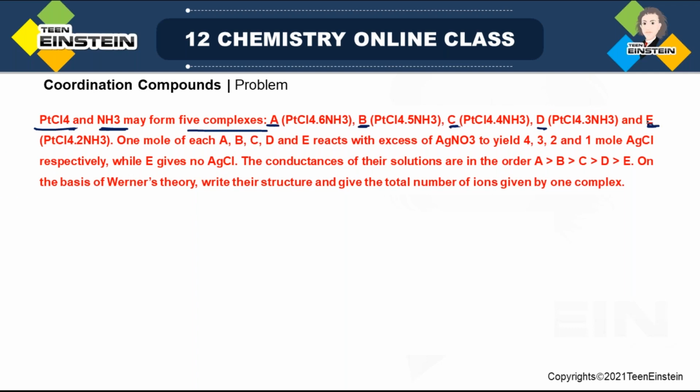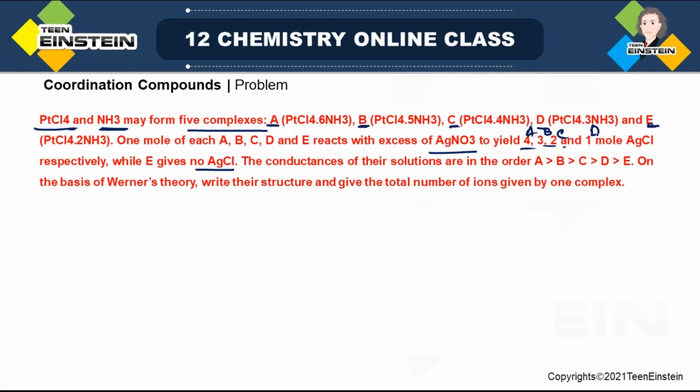Total 5. Now 1 mole of each of these 5 you have taken, and you are adding excess of AgNO3. You are getting 4, 3, 2 and 1 mole of AgCl respectively, while E gives no AgCl. That means 4 from A, 3 from B, 2 from C, 1 from D, and from E it is 0.